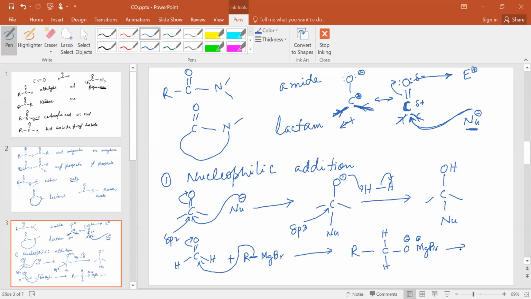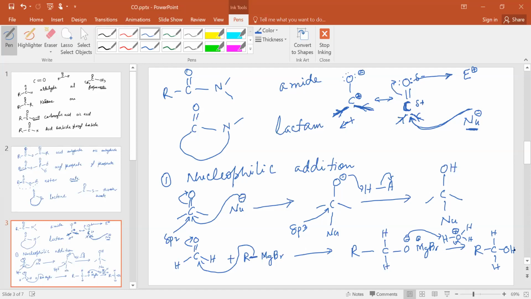And then when we work up this one with aqueous acid, this takes the proton and forms RCH2OH. Okay, so all the Grignard reactions you guys should know, they are in this category.